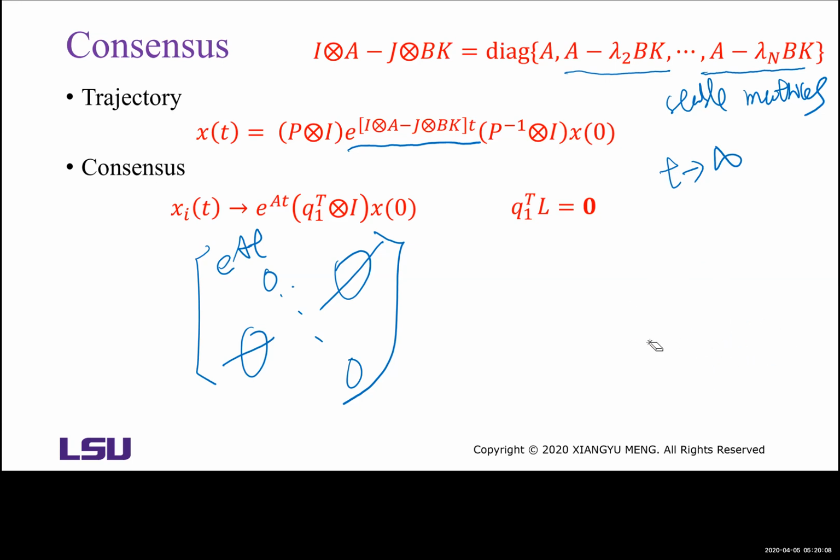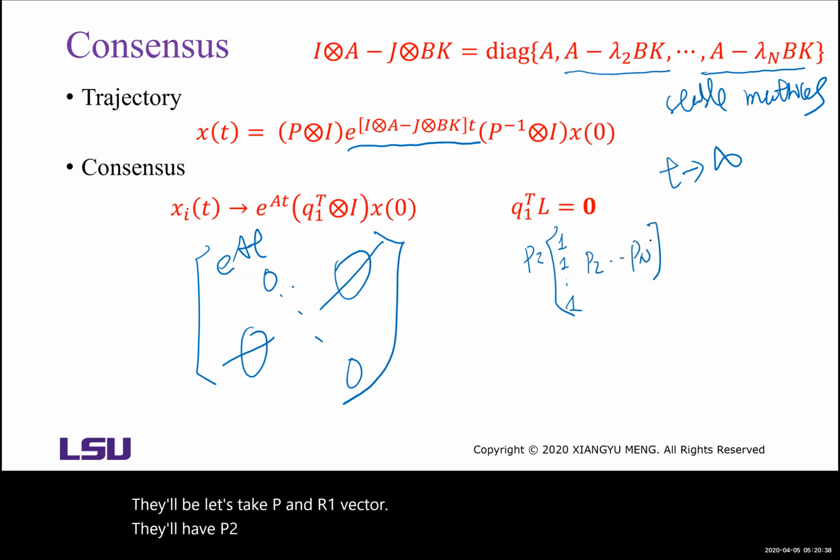So what's the matrix P? We know matrix P consists of all the eigenvectors associated with each eigenvalue. So P, the first column will be the r1 vector. Then we have P2 until Pn.